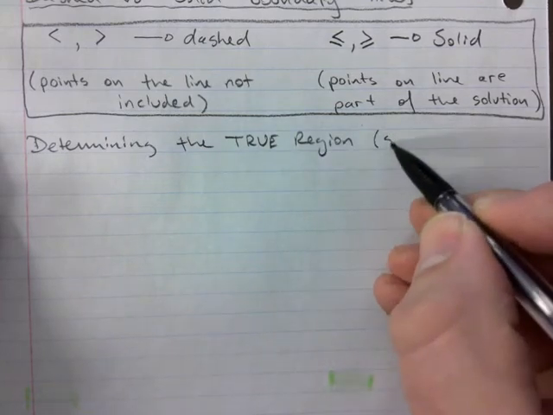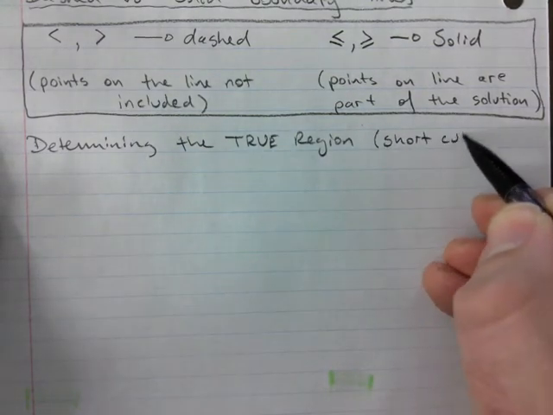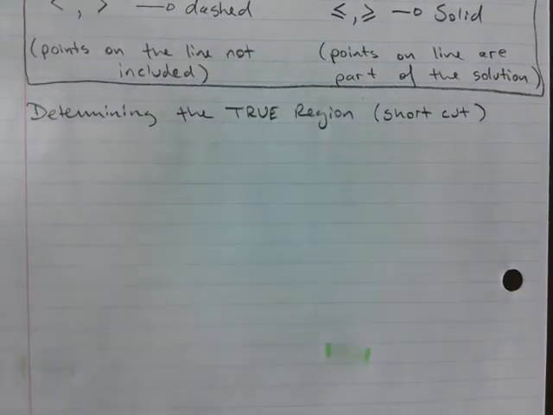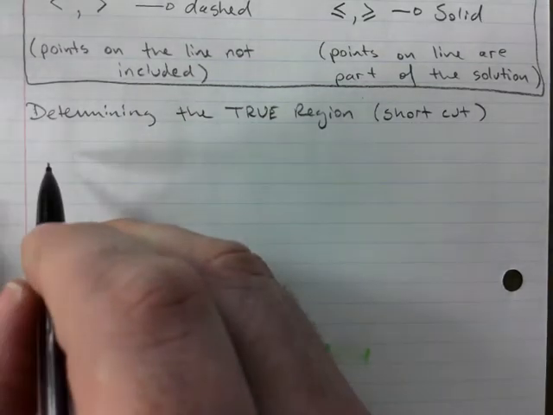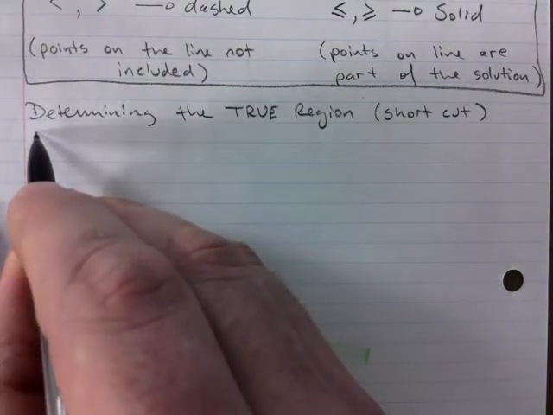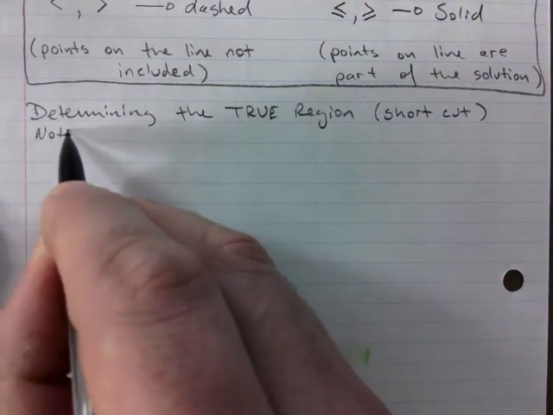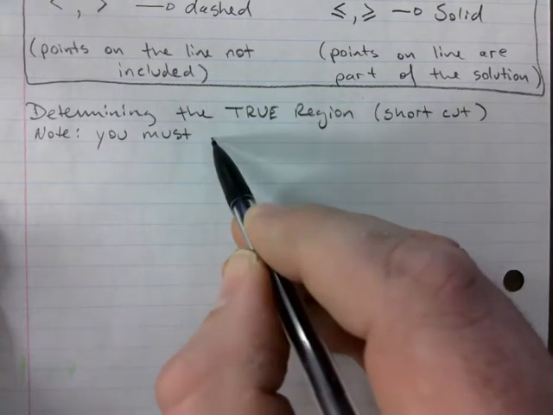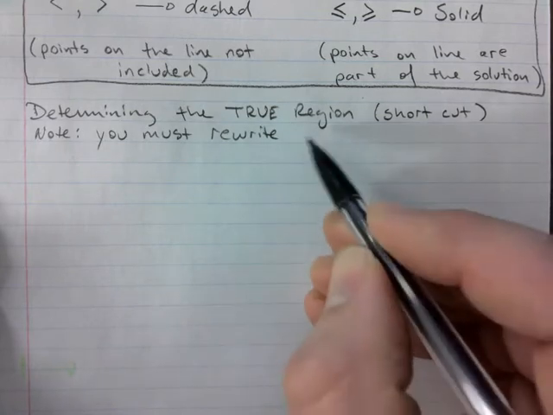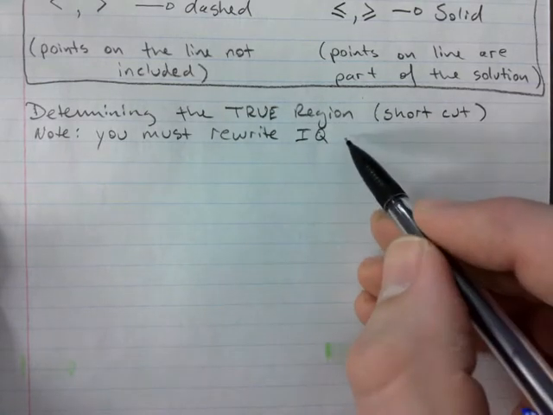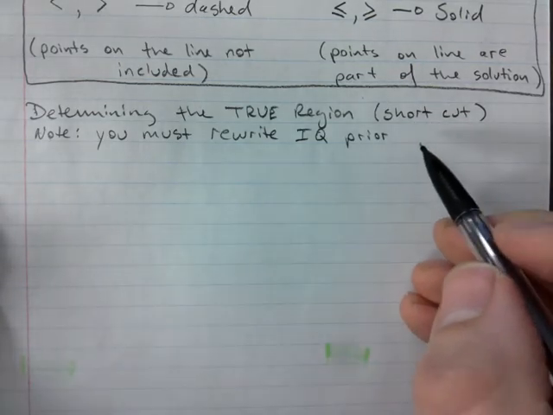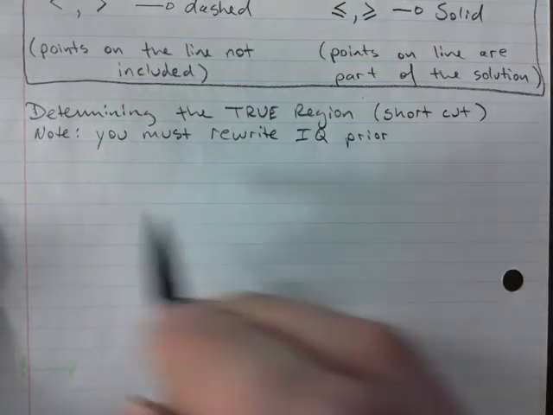And this is the short method, a shortcut. I'm showing you the quick way of doing it, then later I'll show you the longer way of doing it. Okay? So for this to work, note, you must rewrite the inequality prior to doing this.